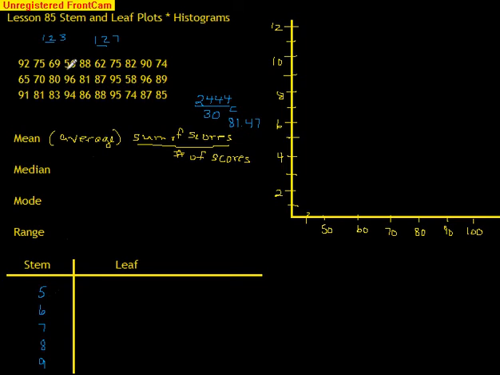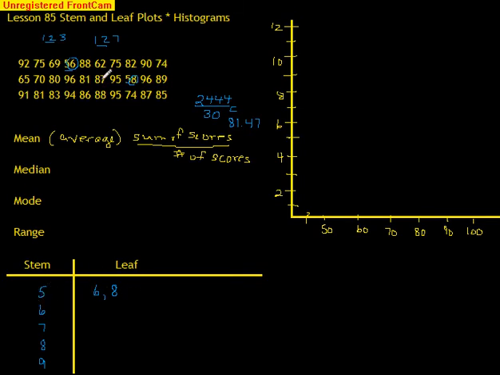If you look, we have a 56, so we have a second number of 6. We have a 58 with the second number of 8. I think that's all we have for the 5s. So for our leaves, we're going to have a 6 and an 8. This just shows you, by looking at a diagram, we have a 56 and a 58.